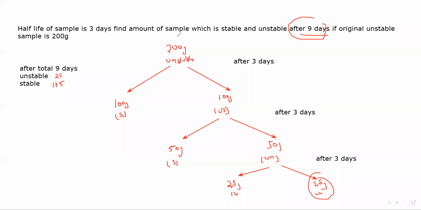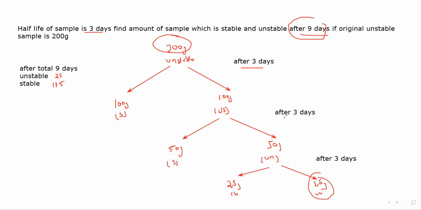So originally we were having 200 gram of the sample with a half-life of 3 days. So after every 3 days, this will become half of its original value, like half will be stable, half will be unstable. So half of 200 is 100. The 100 will be stable and 100 will be unstable. Then the 100 which is unstable will not stop. It will also decay.